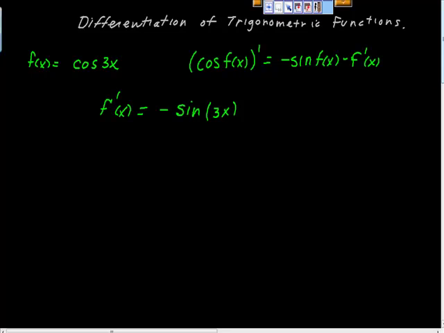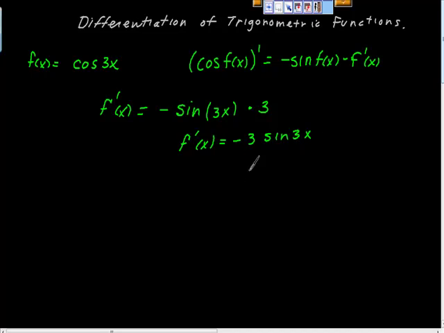So all I'm doing is filling in the blanks, times what is the first derivative of the inside of 3x? And that derivative is 3. So quickly, we come to the conclusion that f prime of x is equal to negative 3 sine 3x. Got to be careful here.